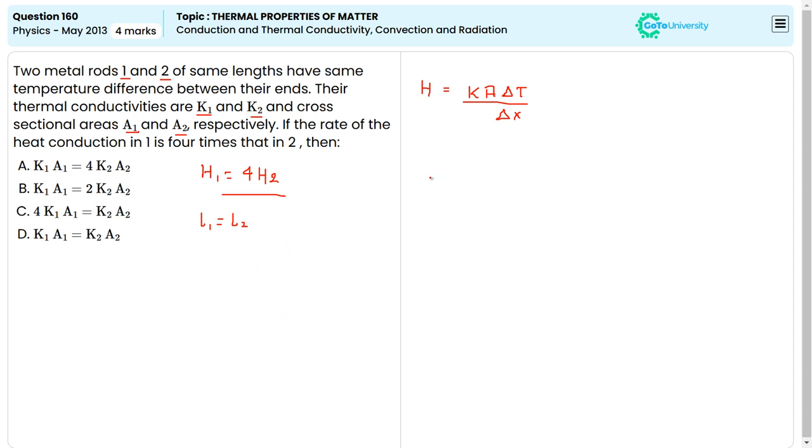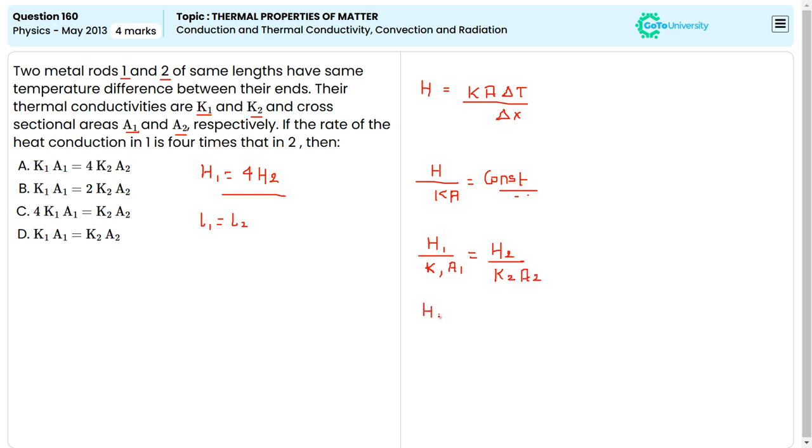Then we can write H divided by K times A is equal to a constant. This becomes the constant value. Then for rod 1, H1 divided by K1 into A1 is equal to H2 divided by K2 into A2.